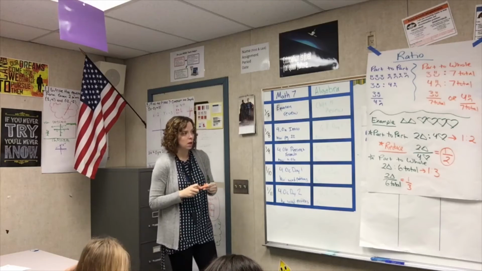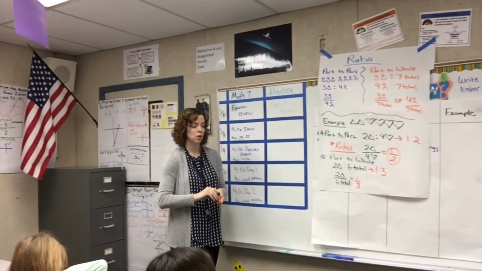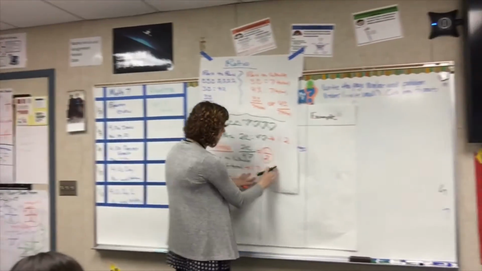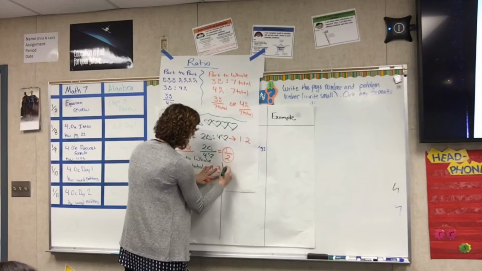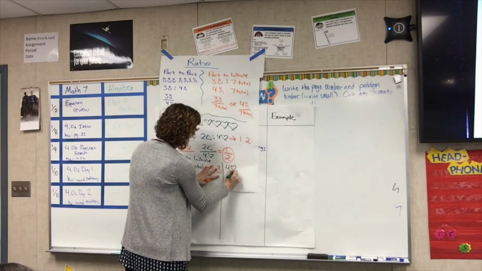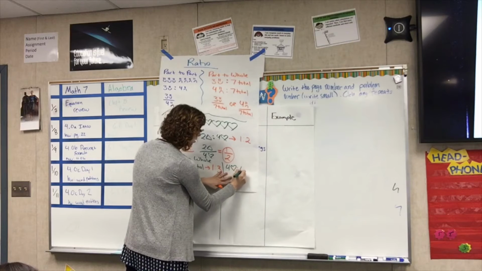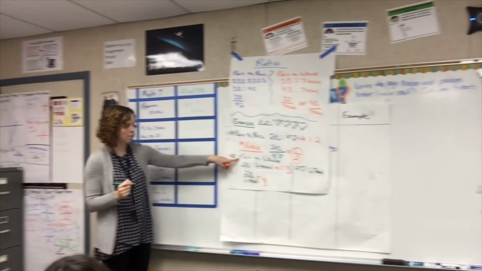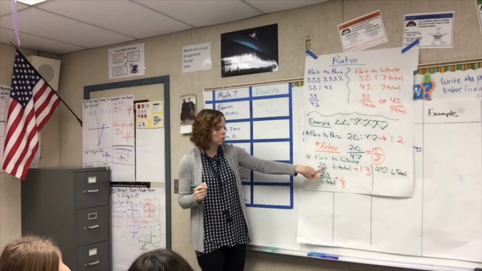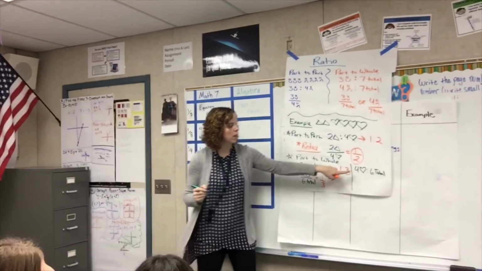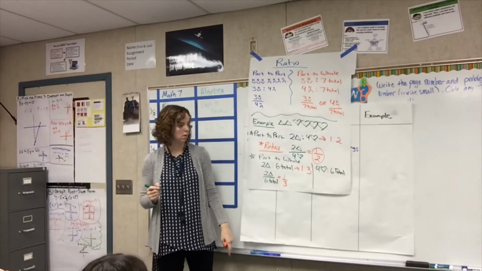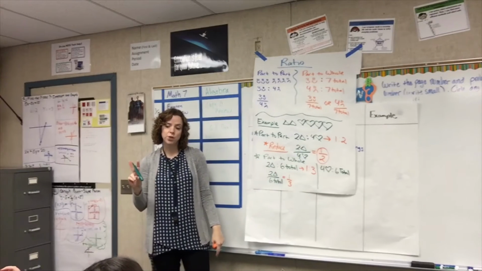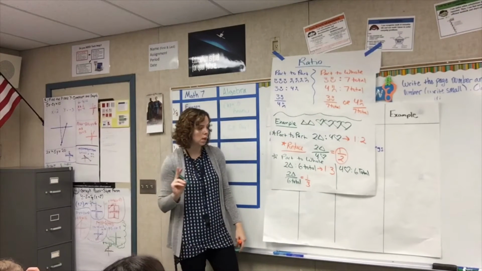Okay, is there another part to whole that we haven't discussed yet that we can do? Yes. 4 hearts to 6. Yeah, we can do 4 hearts to 6 total. Wait, is this a part to part? Oh, this is the part to whole. Yep. Because we can do it with triangles. We can also do it with hearts.